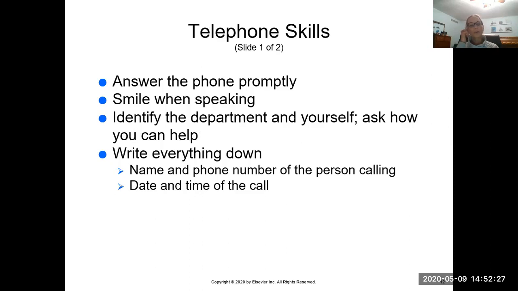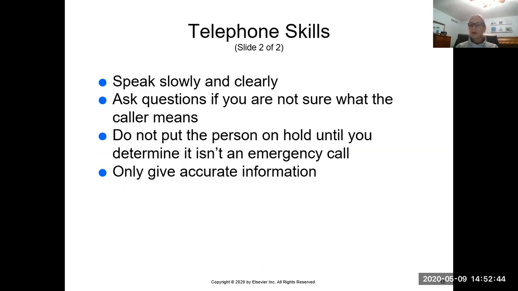Answer the phone promptly. This is all phone skills. Smile when you're speaking. Identify the department and yourself. Ask how you can help. Write everything down: name, phone number of the person calling, date, and time they called. Speak slowly and clearly. Remember, not everybody can keep up with things going too fast.